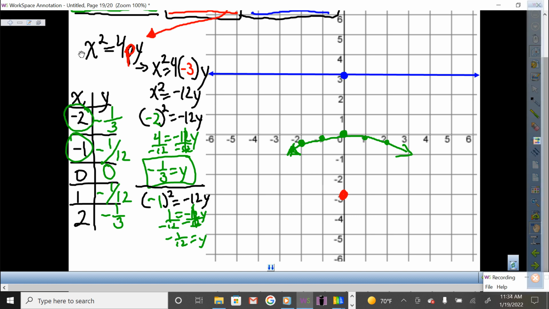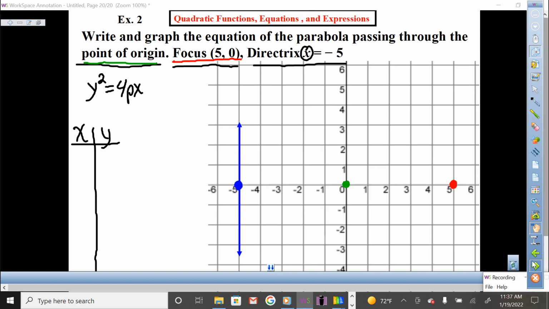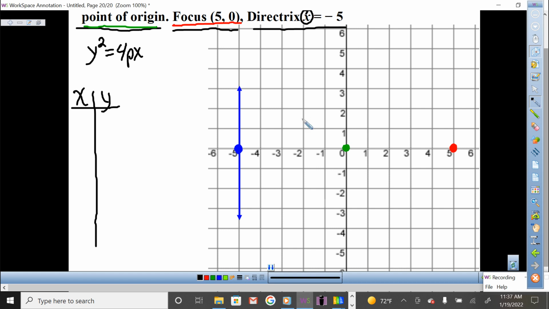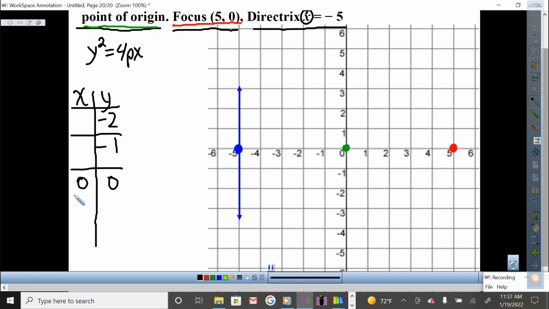Let me repeat that again. We had x squared, we substituted values in there to get our y. What do we have now? Therefore, what do we need? Y values. So instead of x, we're going to substitute -2 for y, -1 for y, 0, and we know it's the point of origin 0, 0, 1, and 2.